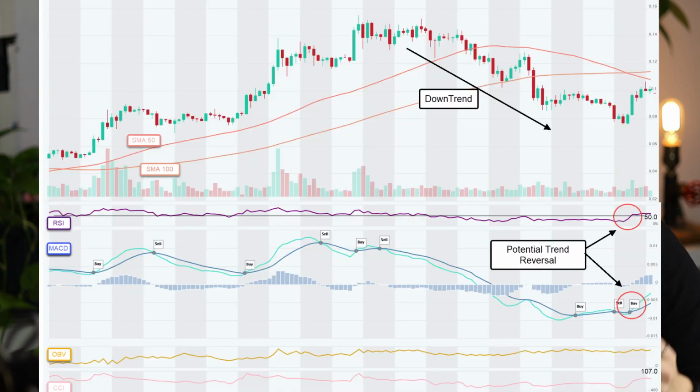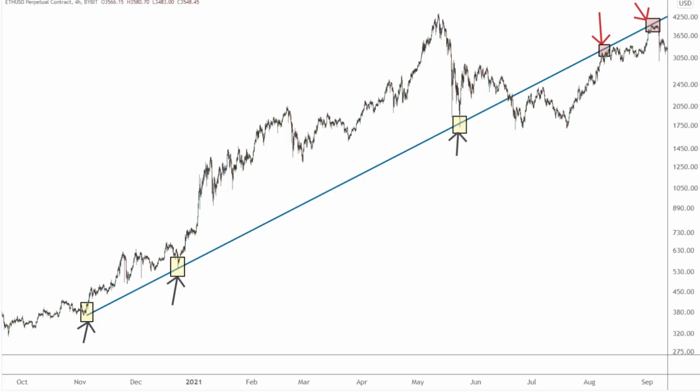Another tool is trend lines. Trend lines are drawn on a chart to connect the highs or lows of a price trend. They can be used to identify the direction and strength of a trend, as well as potential entry and exit points. An uptrend line is drawn by connecting two or more consecutive lows with the line sloping upwards.